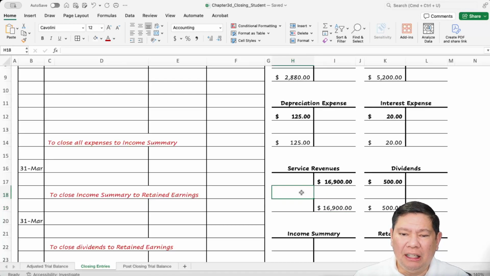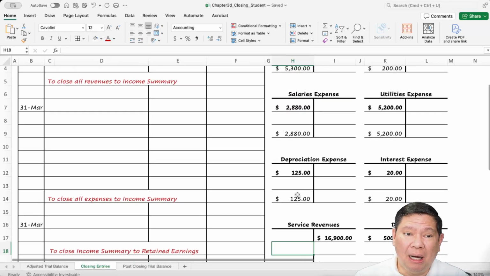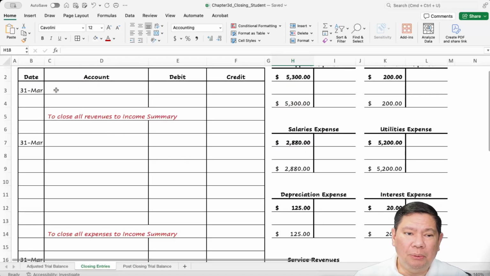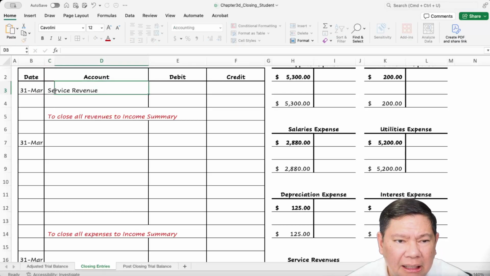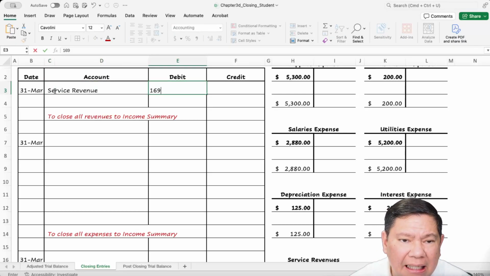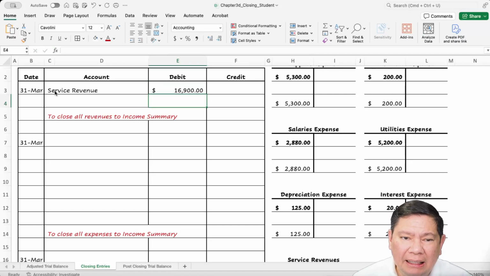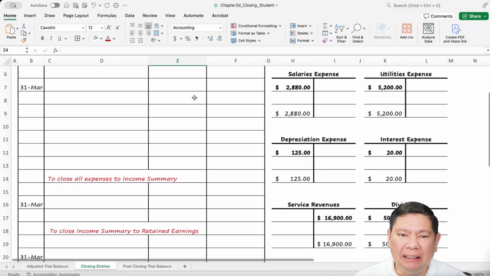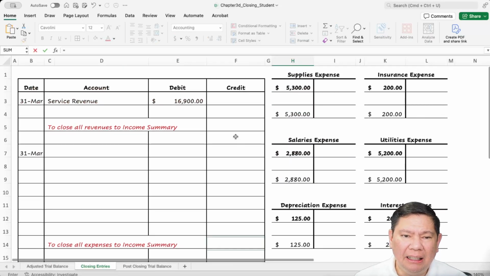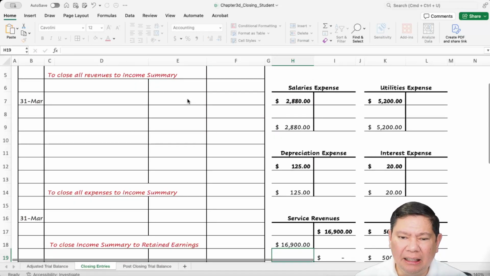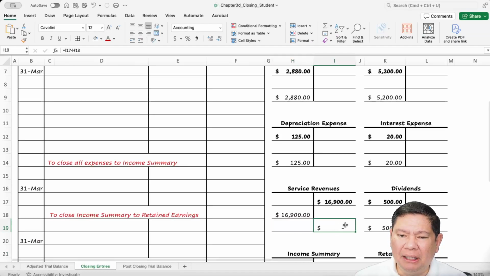Okay, so in order to make it zero, we have to put on debit the same amount. So we're going to put here service revenue, the same amount as the ending balance, 16,900, right? So if we post it here, 16,900, now you see the service revenue is going to be zero.